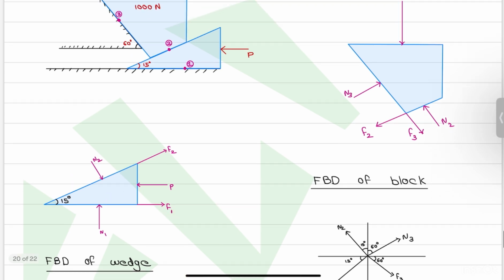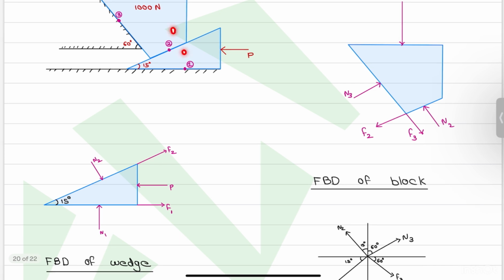At the contact surface between the block and the wedge, there is a normal reaction N2, and when the block moves towards the right-hand side, there is friction along the surface, which is at an inclination of 15 degrees, that is F2.